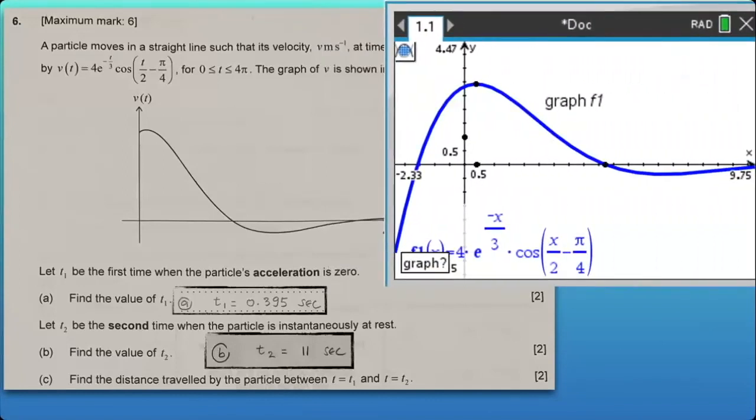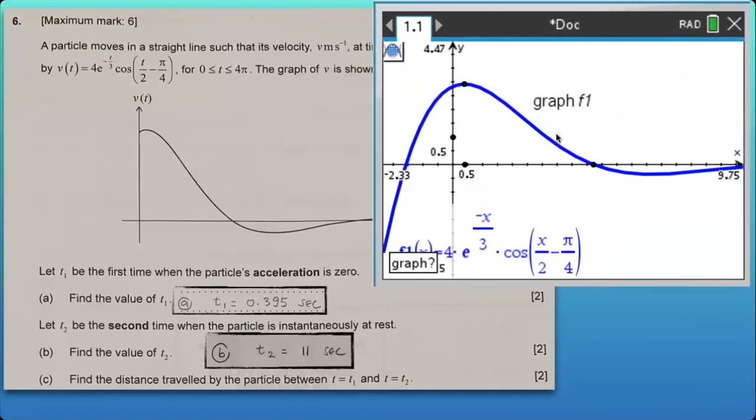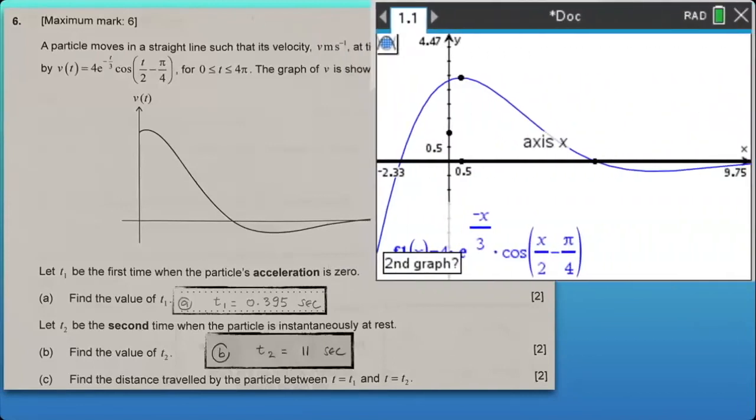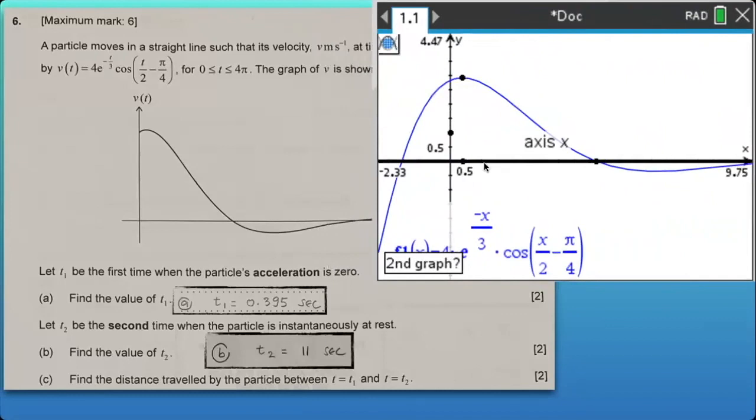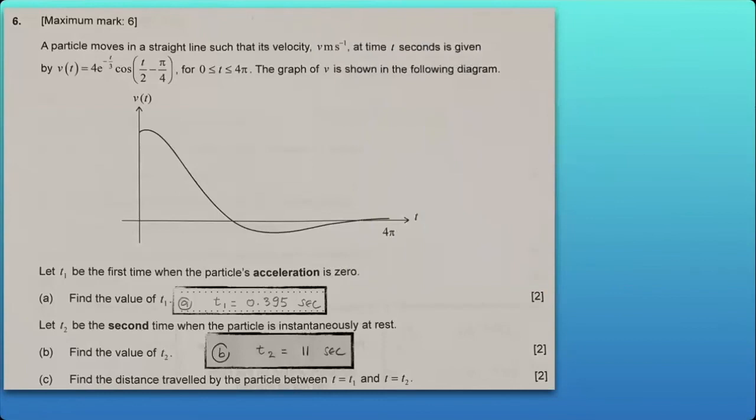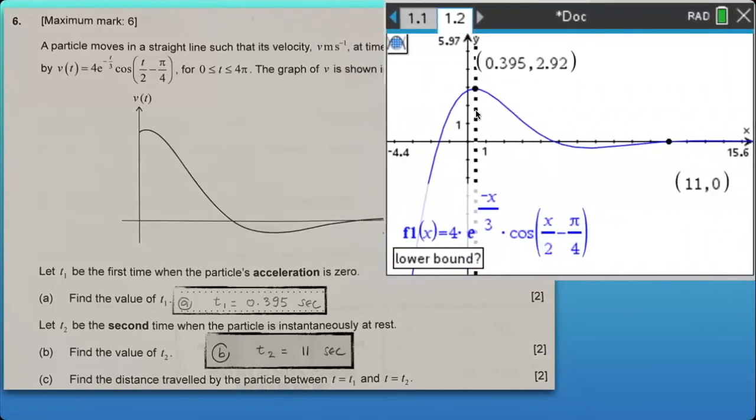The calculator will ask us which one is the first graph. So click that curve, and then the calculator will ask for the second graph. Let's click the x-axis because the area is bounded by the curve and the x-axis. Next, the calculator will ask us for the lower bound.